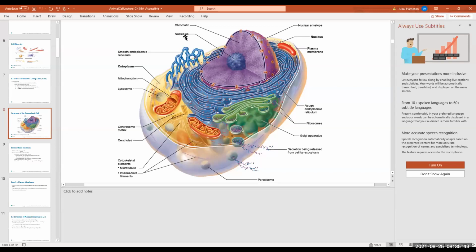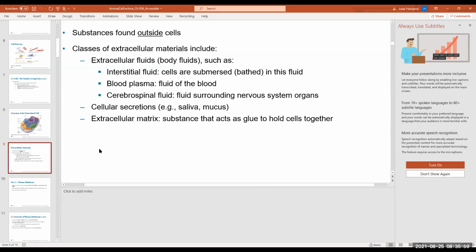And there's going to be a nugget on the inside called the nucleolus. All of these organelles have function with how this cell carries out its life and its purpose. And we're going to go through them today.